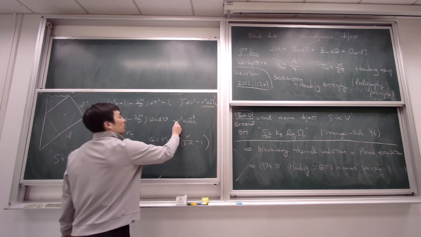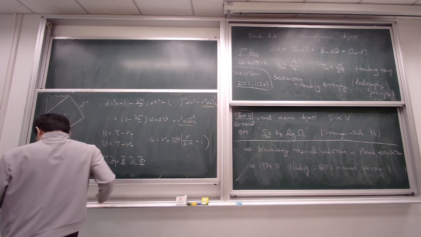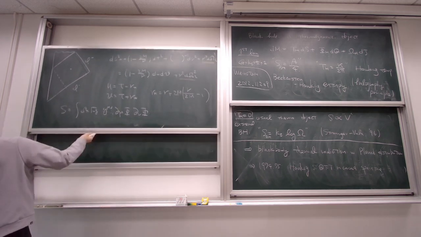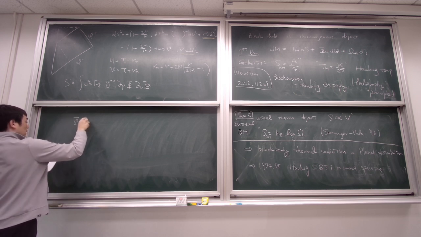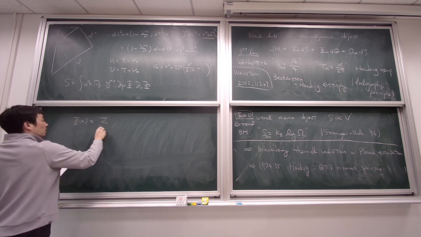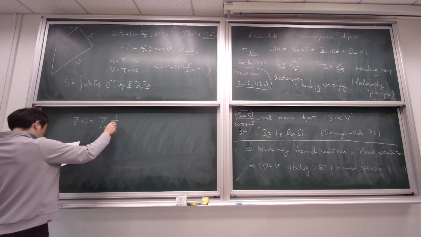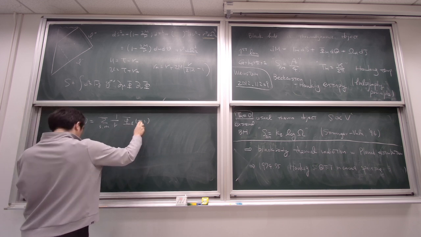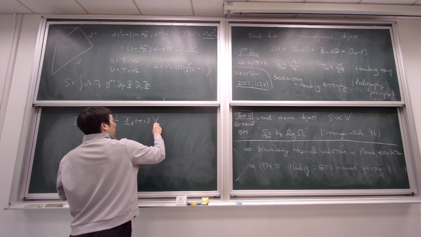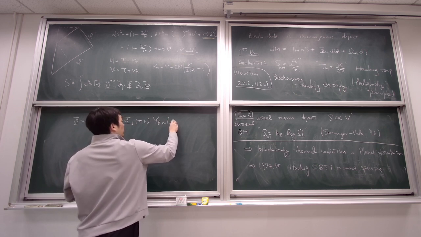So phi of x is the sum over l, m of 1 over r times phi_l of t, r times Y_lm of omega.